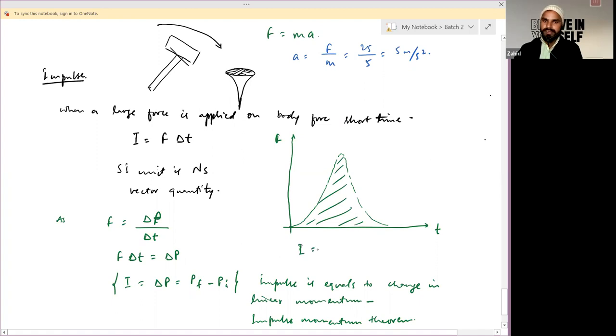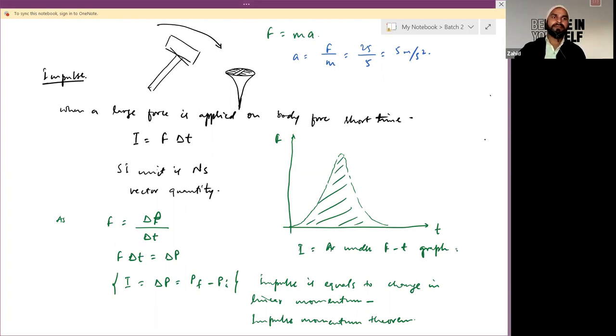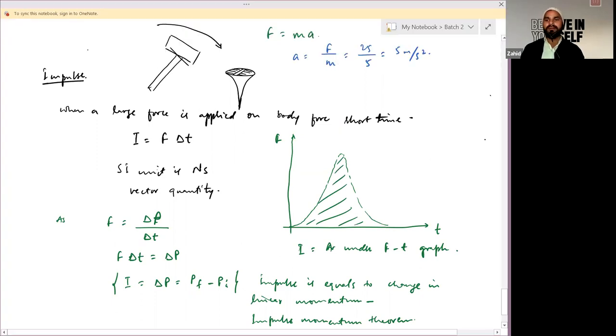So impulse equals area under the force time graph. Is it clear to you all in this part? Yes, sir. Sabita, any doubt? No, sir. Okay.